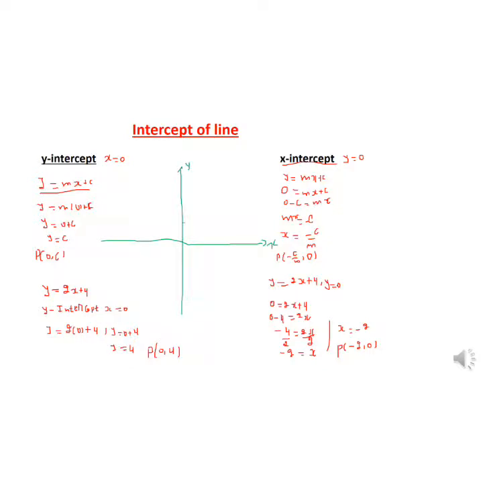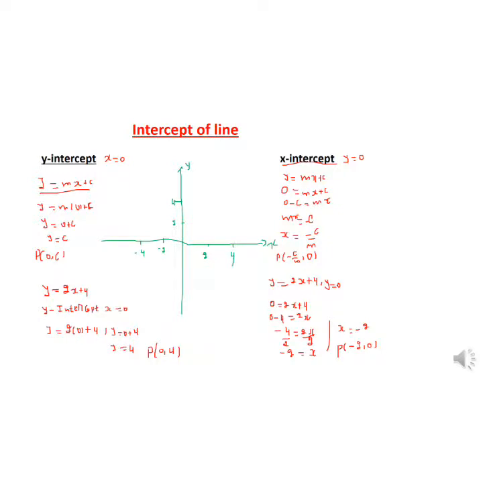You have 2, you have 4. So now here you have a negative 2, and there a negative 4, and then here we have a 2, and then we have a 4.